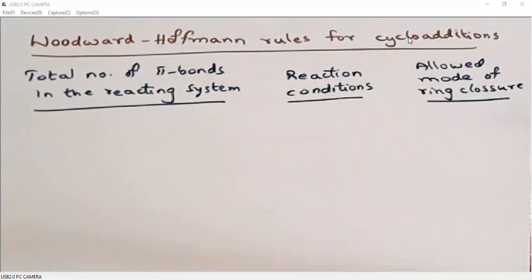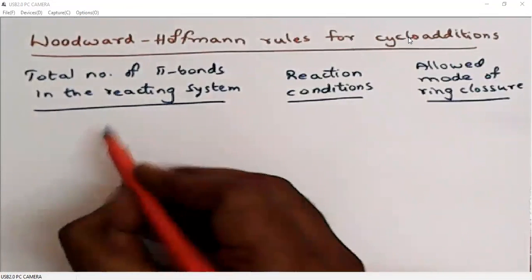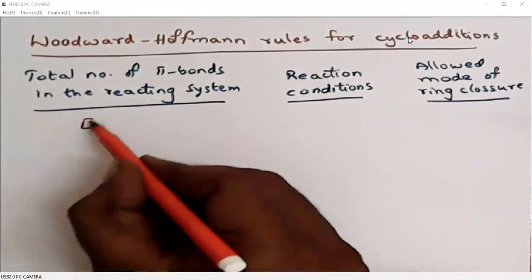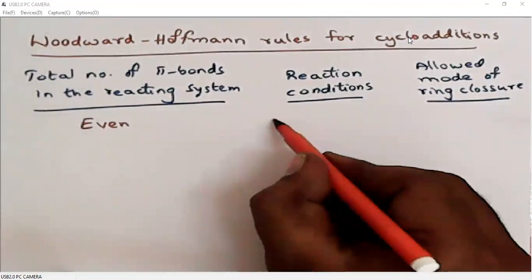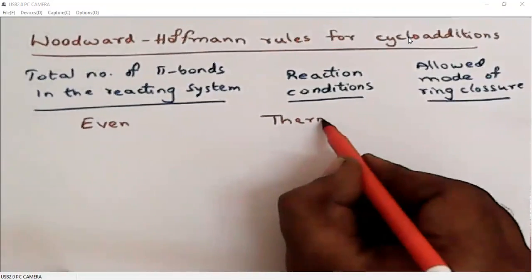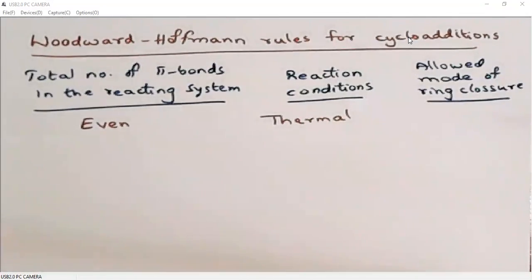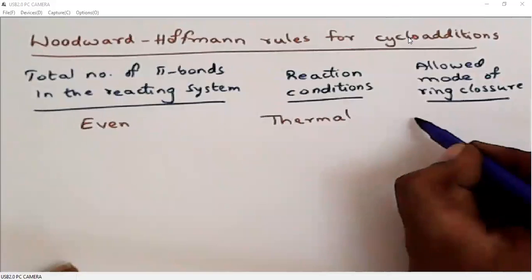Now, if the total number of pi bonds is an even number, like 2 plus 2, that is a reaction between two pi bonds, so it is an even number. A 2 plus 2 reaction under thermal conditions will follow antarafacial.